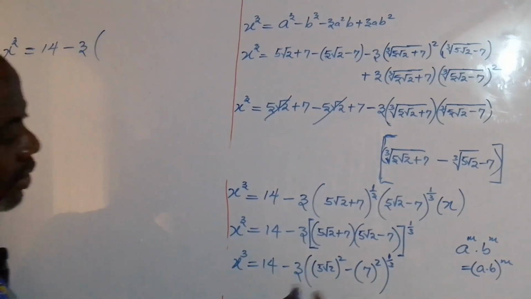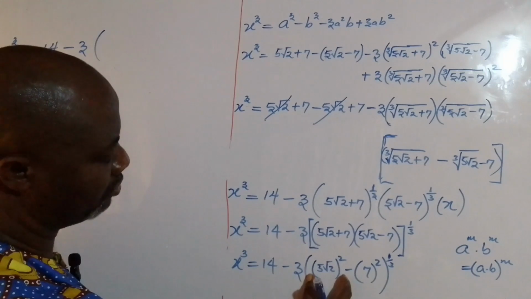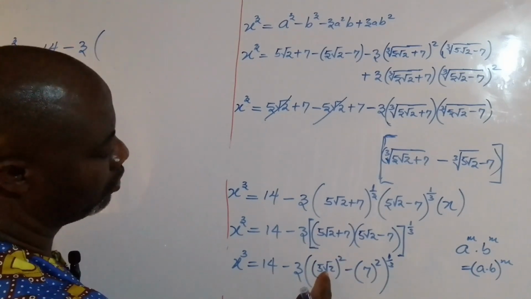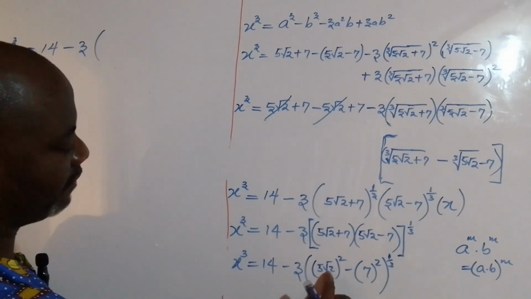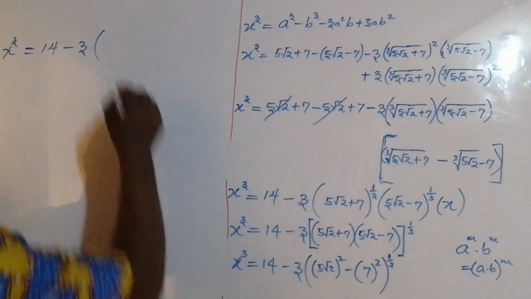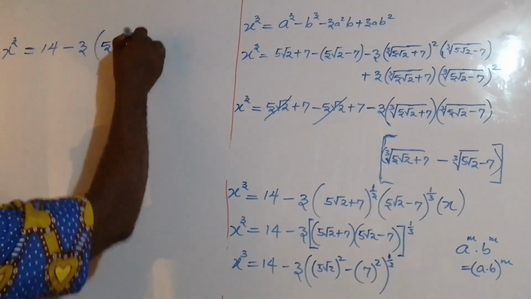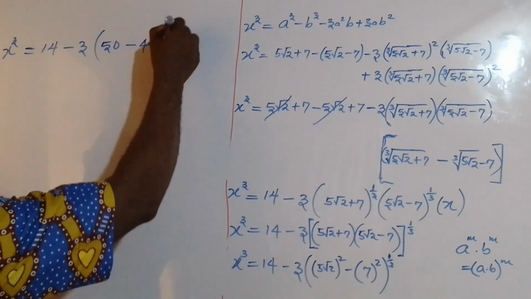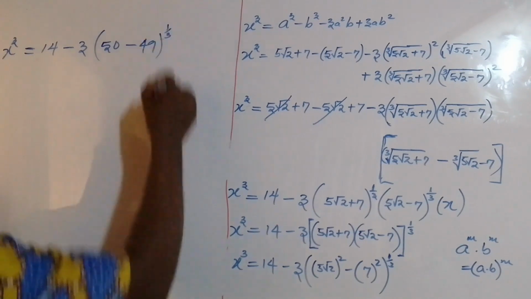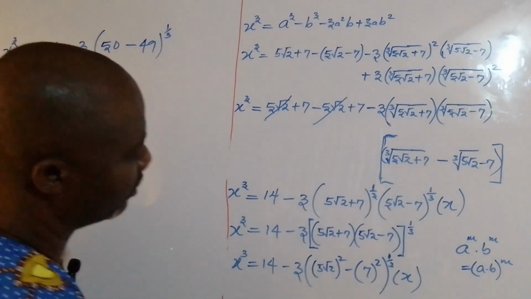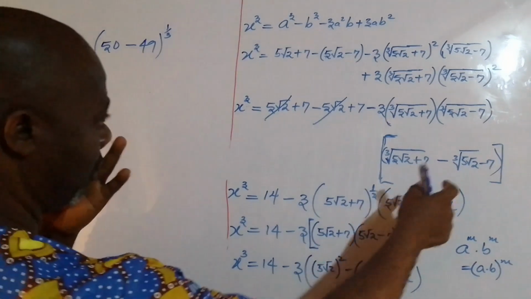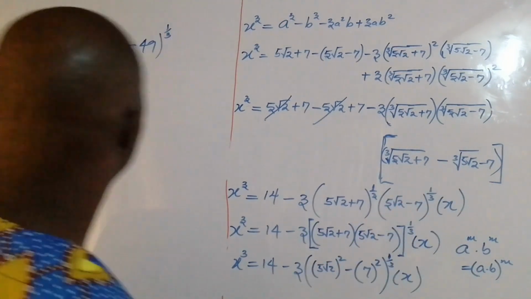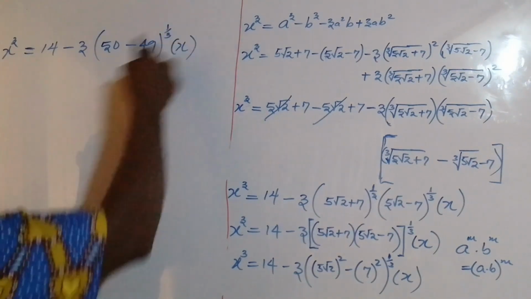Now the whole of this becomes, 5 squared is 25, root 2 to the power of 2 is 2, so 25 times 2 will give us 50. So this will be 50 minus 7 squared, which is 49, all to the power of 1 over 3. Of course, there's an x here. Please, let's not forget that. There's an x because we have said the whole of this should represent x. All right, so times x.